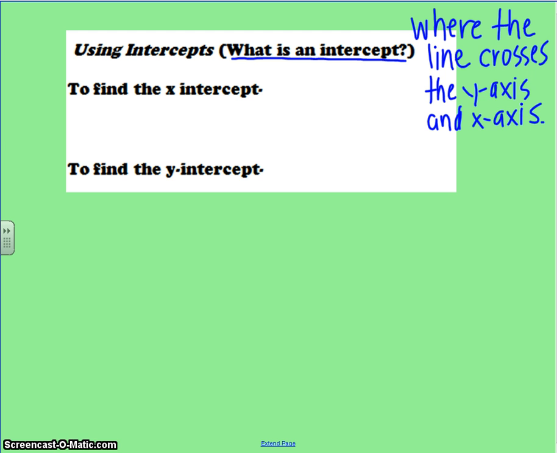So in order to calculate the x-intercept, what we will do is we will plug in 0 for the y value, and we will solve for x. We can always write our answer as an ordered pair to make it easier to plot.